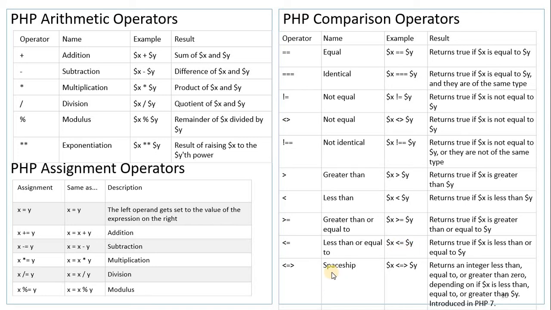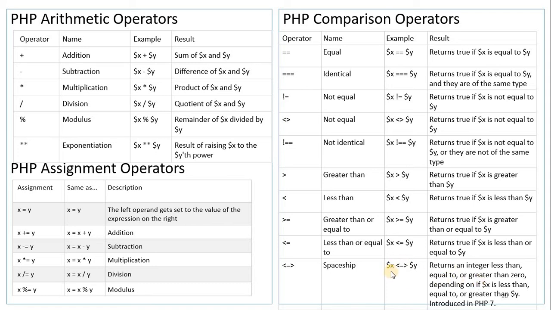The last one we have is the spaceship operator, which is represented by opening angle bracket, equal to, and closing angle bracket. It will return one of three values: a positive value, a negative value, or 0. If x is less than y, it will return an integer value less than 0, meaning a negative value.